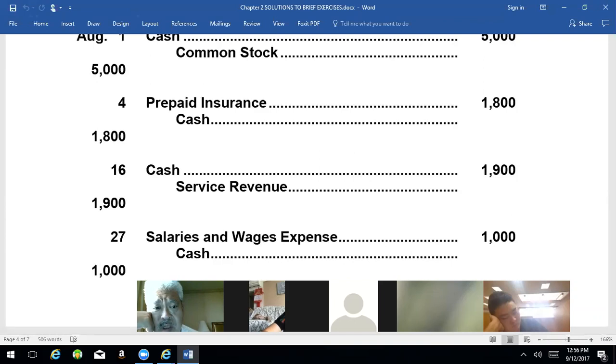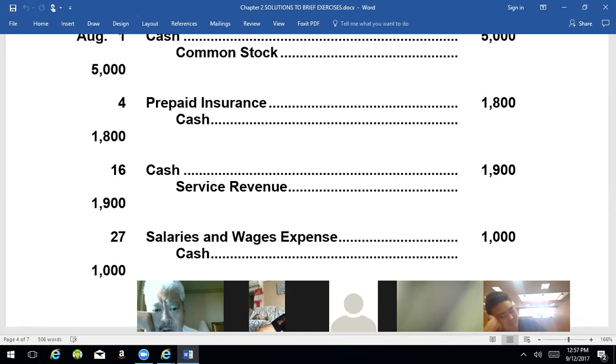Since we could get money back, it's like having money in a bank, so that you could ask for it later on, or you could get whatever's left after you made some withdrawals. So we have an asset that we create called prepaid insurance, and then we spent cash to get it. So we have a debit to the asset to show an increase of 1,800, and a credit to the asset which decreased. So we show a credit to cash of 1,800.